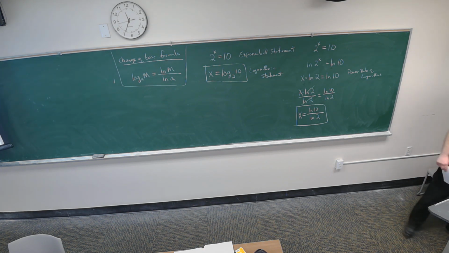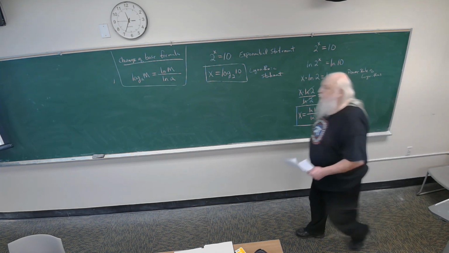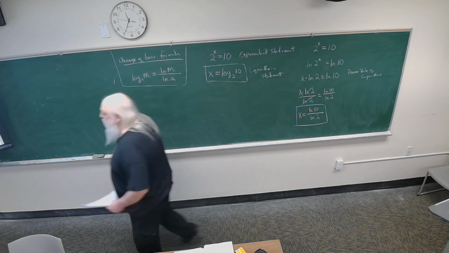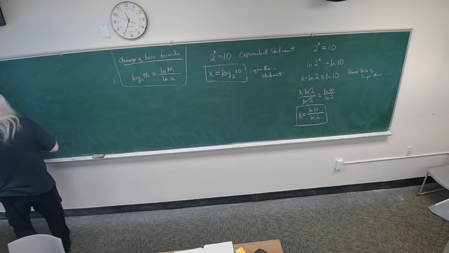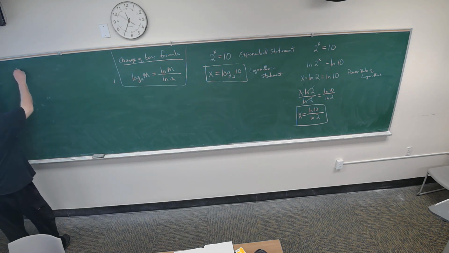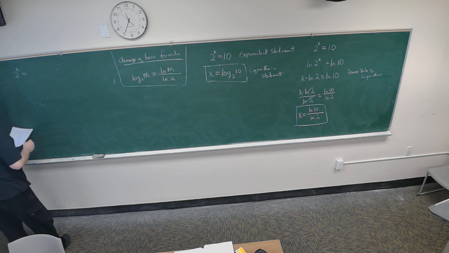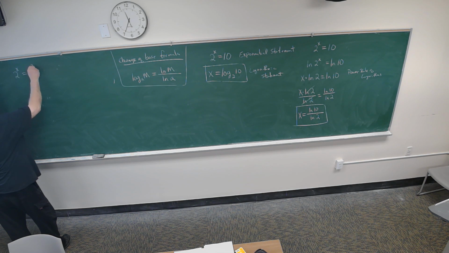In C, we have 2 to the x is equal to 7 raised to the 3 plus x power.